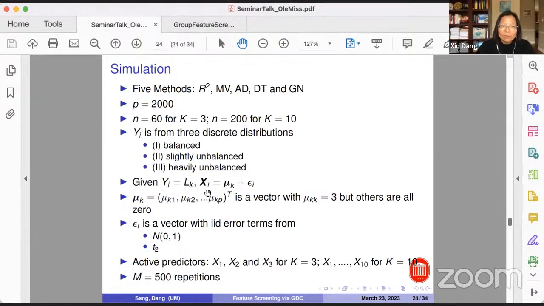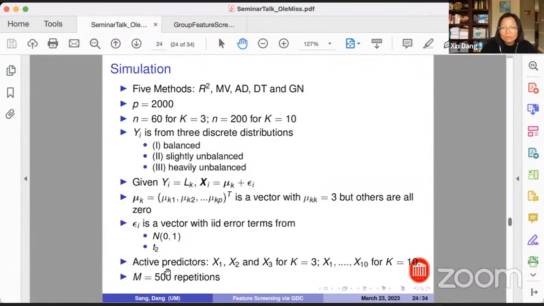And the model is just the location model. Given your Y from class K, your Xi has the mean mu K plus some error. Your mean mu K is set in this way, only equal to 3, the other is 0. So the K classes have different locations, plus some error for your X. And your error is normal and t2.